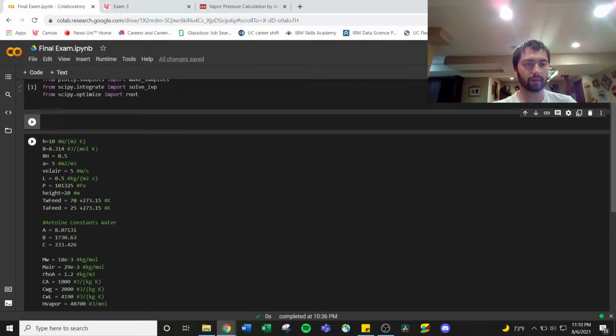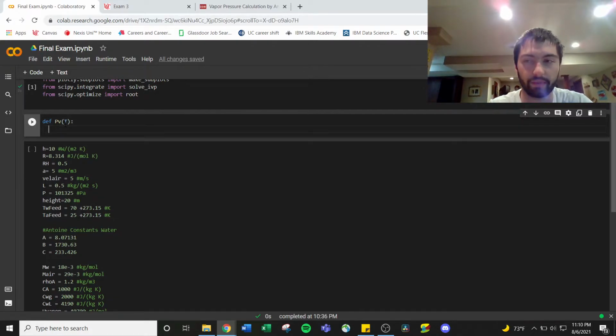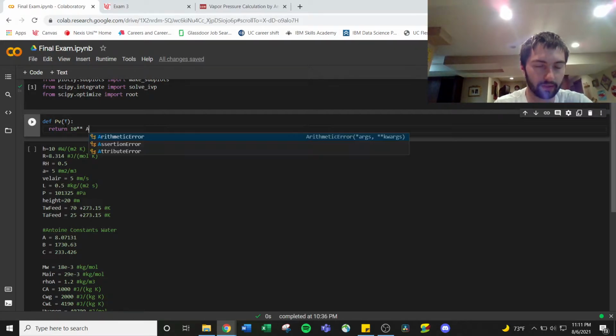And then, as I mentioned, we're going to make a function up here so we can find vapor pressures, given a temperature, and we can do that with the Antoine equation. So the Antoine equation, we want to return just the equation itself, and that's going to be 10 to the power of our A value that I typed out.